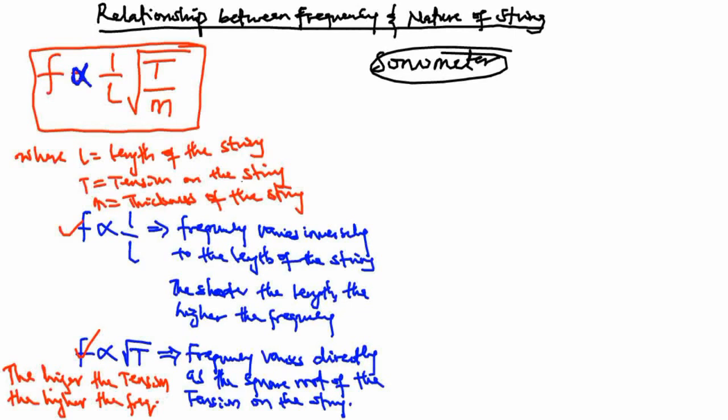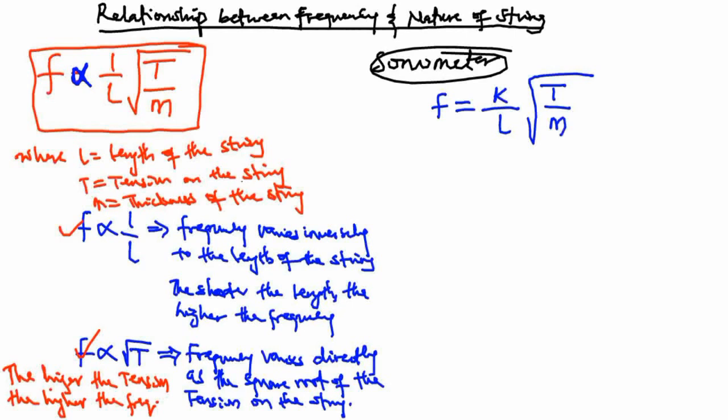It's actually directly proportional to that. So when we introduce the constant of proportionality k, f is now equal to k over L, the square root of T over M.